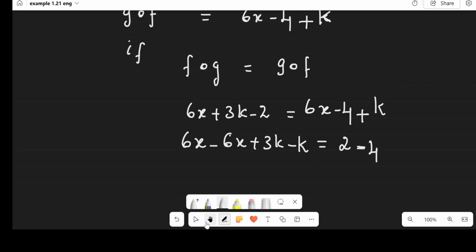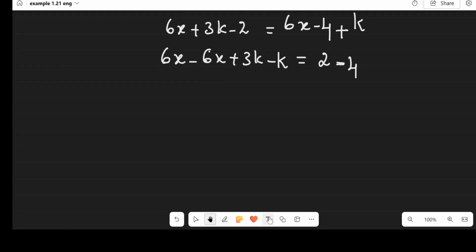Now, this is plus 6x. This is minus 6x. We can cancel both, plus and minus. And 3k minus k. From 3k, we need to subtract 1k. Then 2k, right?